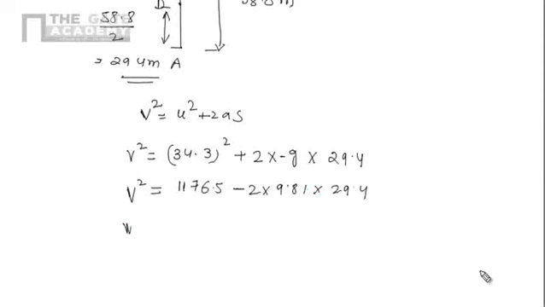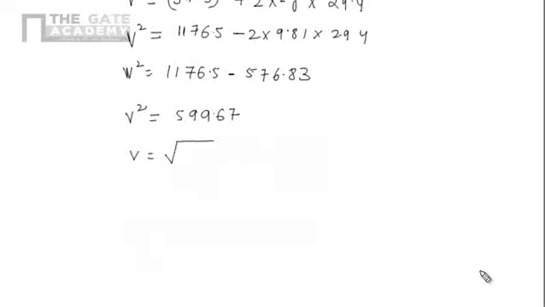We further simplify: 1176.5 minus 2 into 9.81 into 29.4 will come around 576.83. So V square we will get 599.67. So V will be square root of 599.67, equals 24.5 meters per second in upward direction.